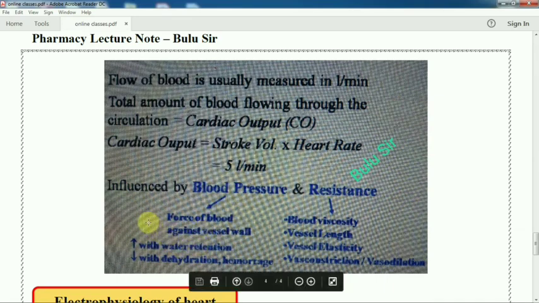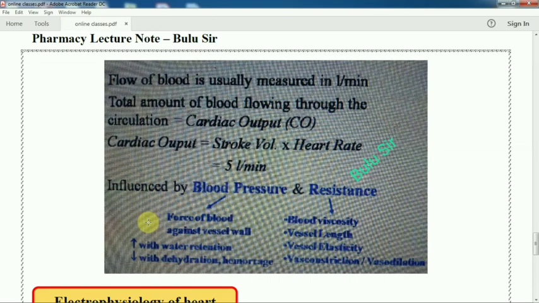That means when water or fluid is more inside the body, the blood pressure is high. That is the general tendency. In case of dehydration or hemorrhage, that means blood loss, the blood pressure goes down. So this is a factor which influences hemodynamics.